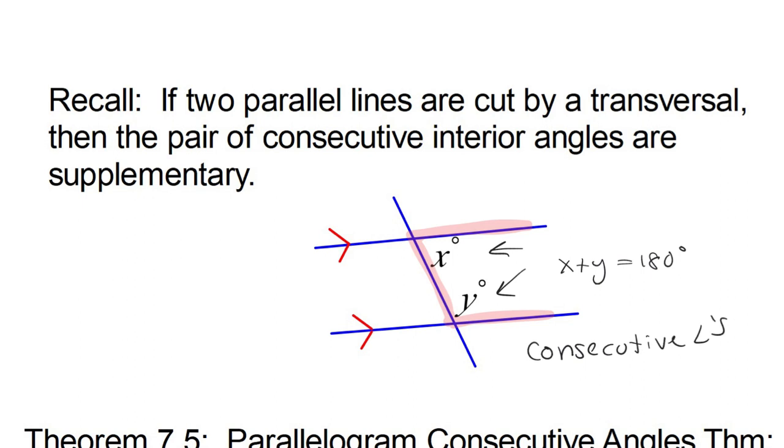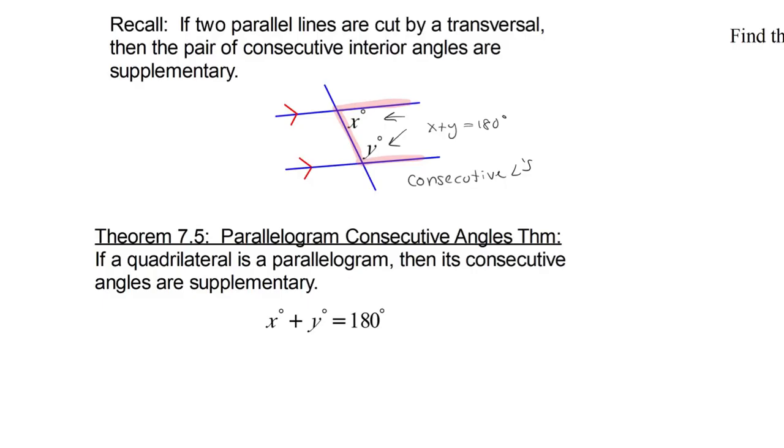Okay, so this applies in a parallelogram as well. So I could technically make what I have in my picture right now a parallelogram if I add in another side, and I draw that line here to be parallel to this one. Okay?